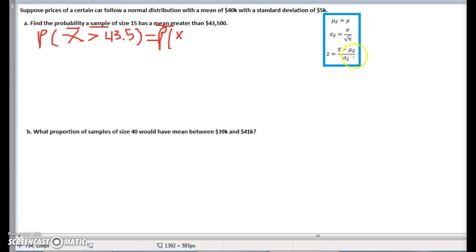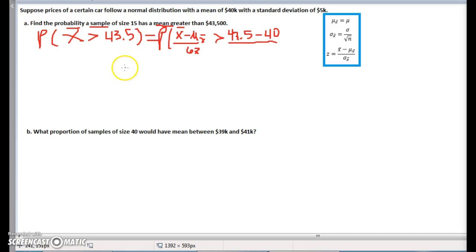So z equals x bar minus mu sub x bar over sigma sub x bar, and then is greater than, in our x bar is going to be 43.5, minus our mu sub x bar is 40, and divided by our sigma sub x bar.